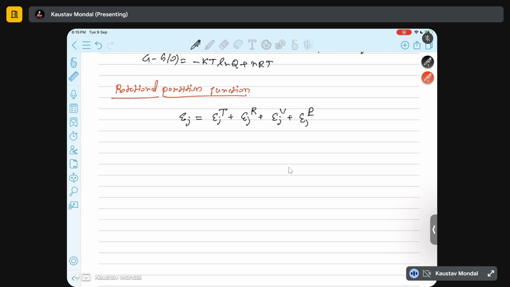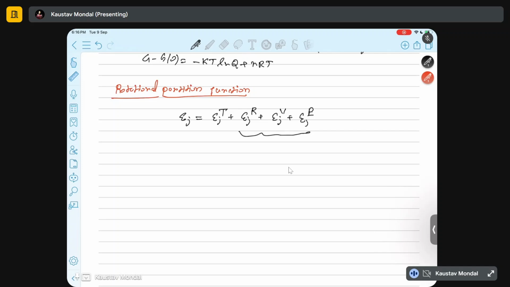Now, in the previous discussions, we only considered the translational part of the energy of a molecule, but we did not consider the other parts, the rotational, vibrational, electronic parts. The reason is that at low temperature or at room temperature, the translational partition function is the dominating part in the energy of a molecule.